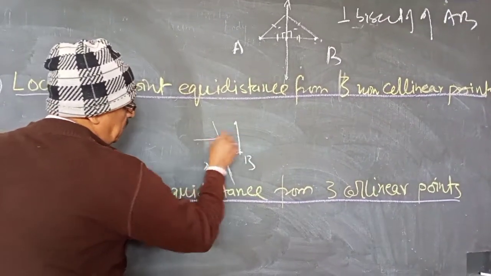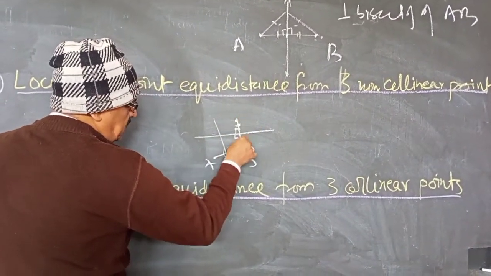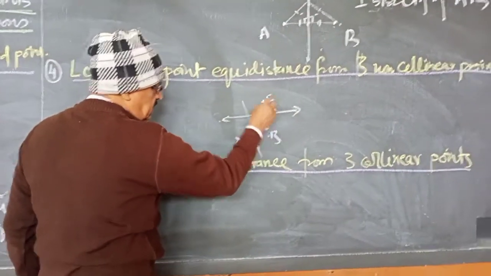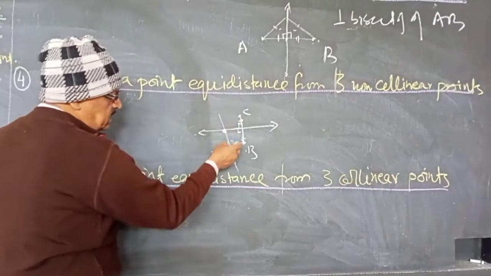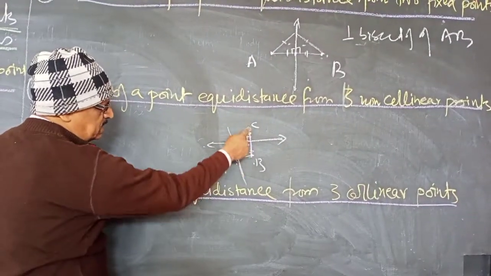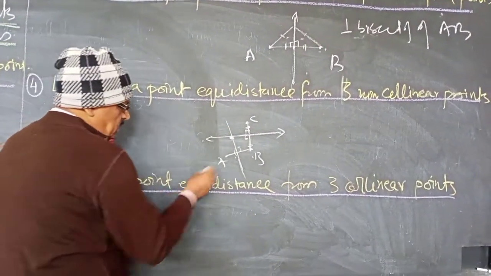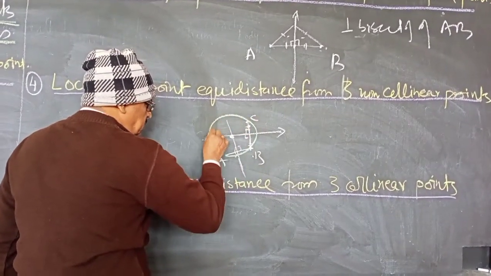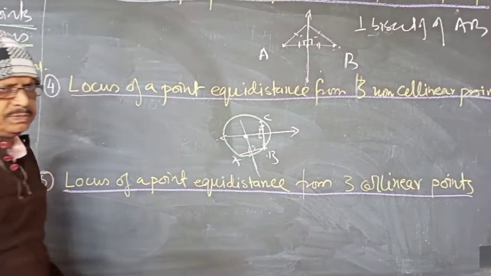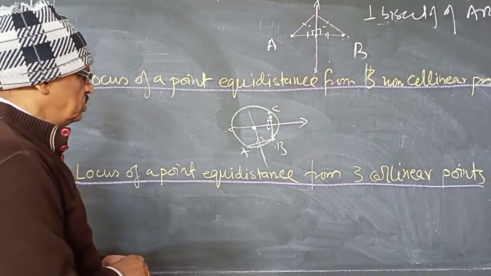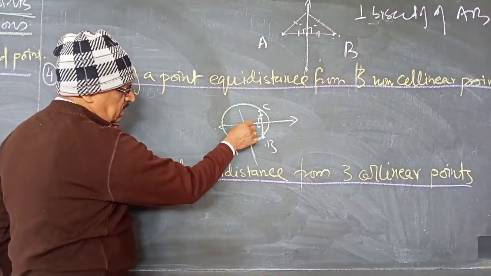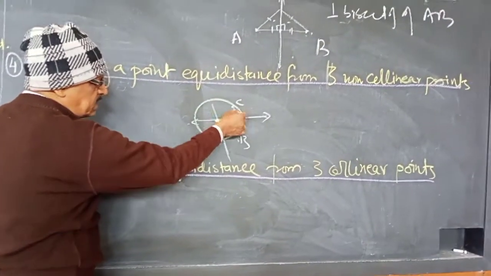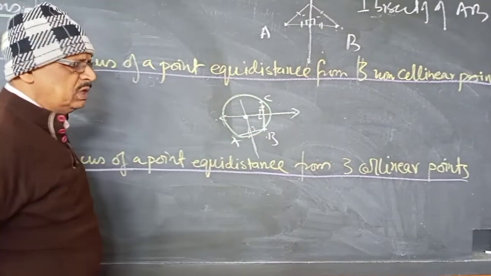Again, if we draw another perpendicular bisector, then every point on this line is equidistant from B and C. So this point is equidistant from A, B and C. This is the center of the circle passing through these points. The locus is only a single fixed point, the center of the circle passing through the 3 points.